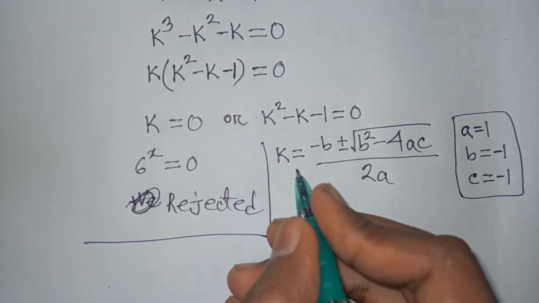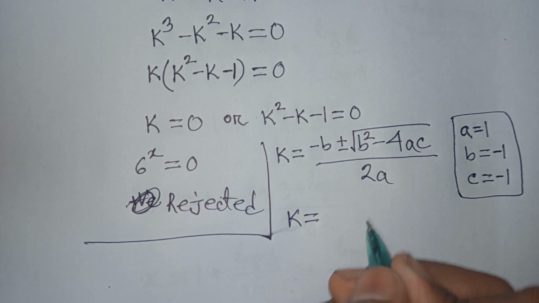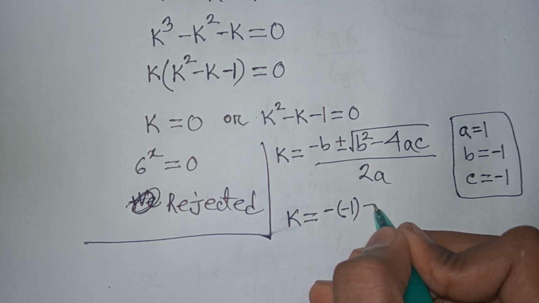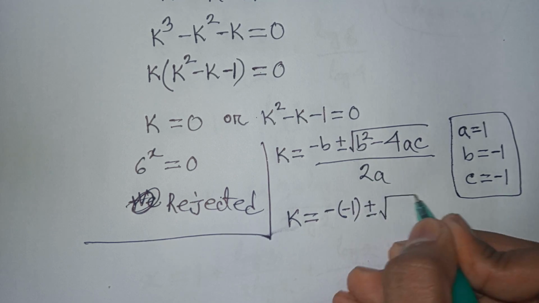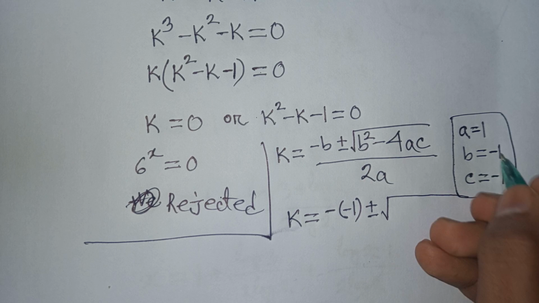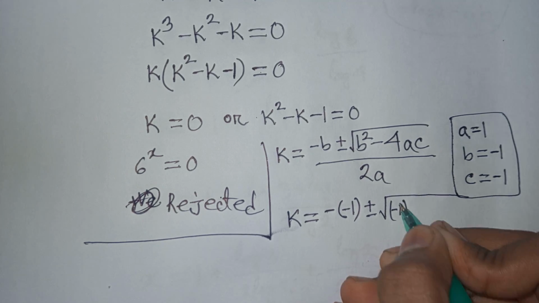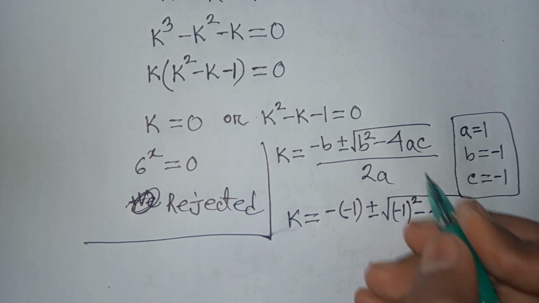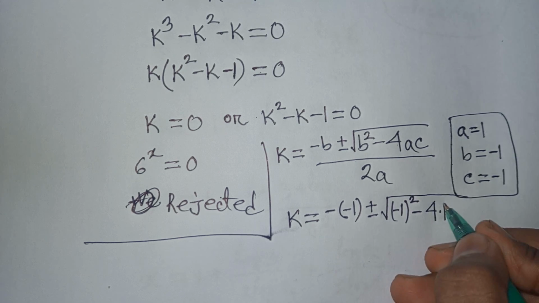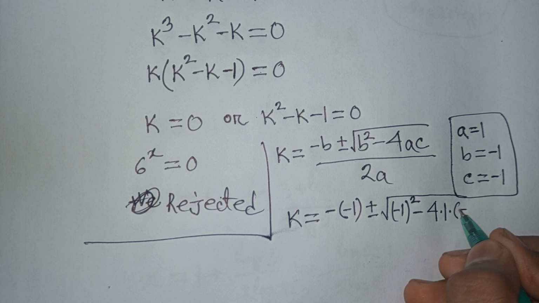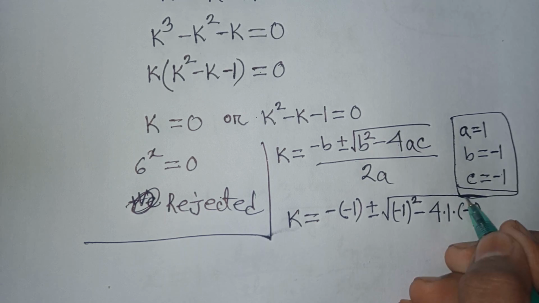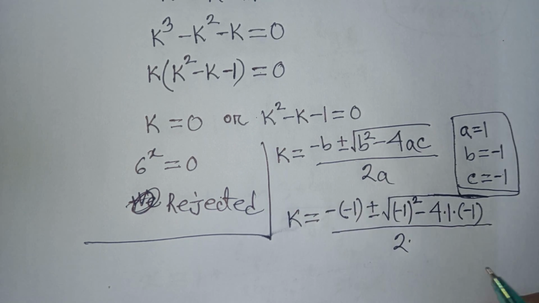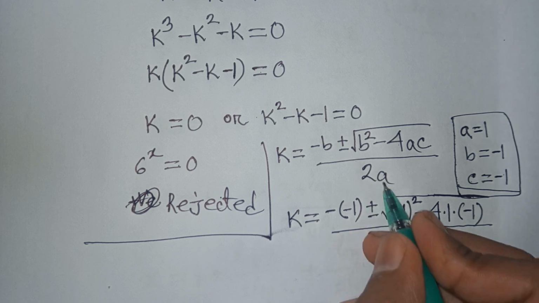So k is equal to minus b, that means negative 1, plus or minus square root of b^2, that means (negative 1)^2, minus 4 times a, that means 1, times c, that means negative 1, divided by 2 times a, that means 1.